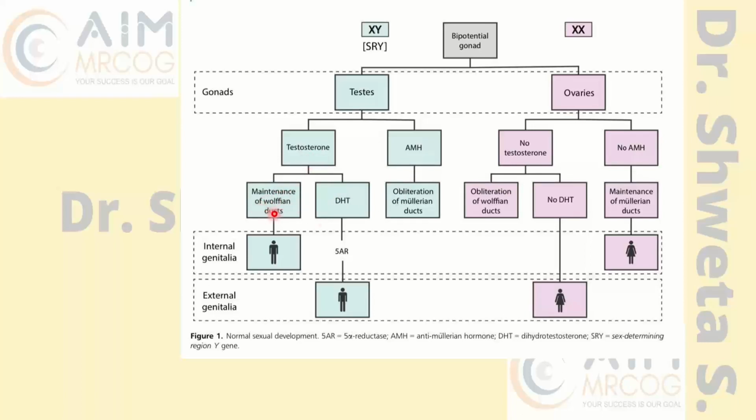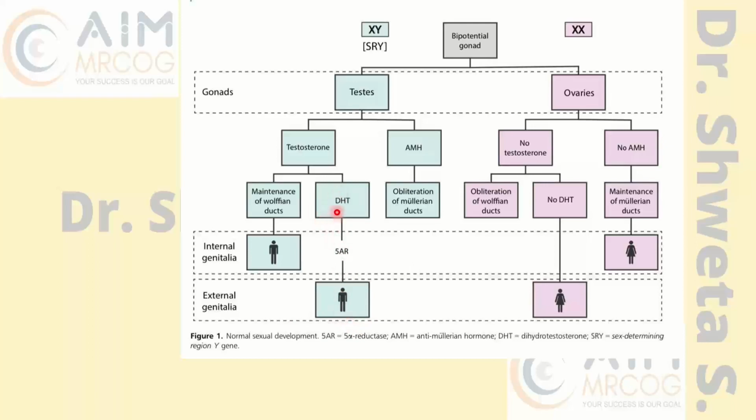Wolffian duct will be maintained and internal genitalia will develop. Now, internal genitalia means there will be testes, there will be internal organs. But what about external genitalia, which is penis? If testosterone converts into dihydrotestosterone by 5 alpha reductase, and it can work on the external genitalia, then only the external genitalia will be male.